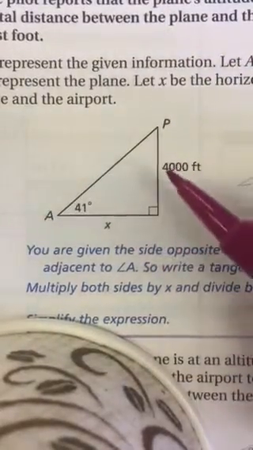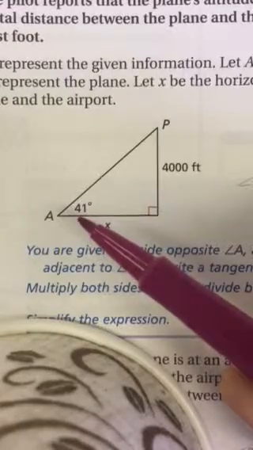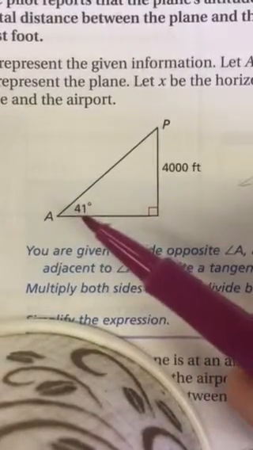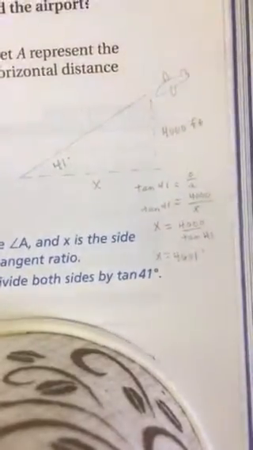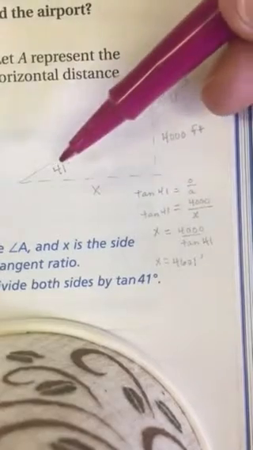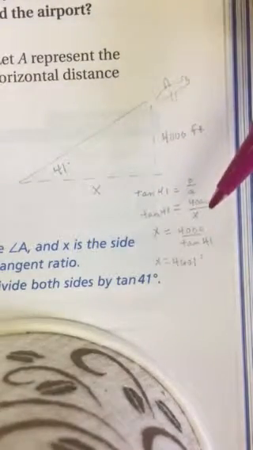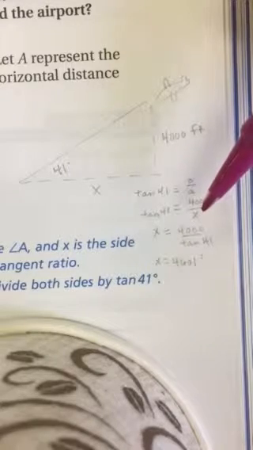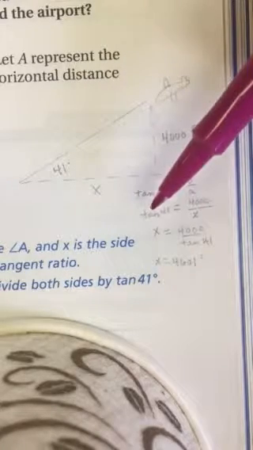Now we're simply going to use our trig functions to solve for this. We have opposite and we have adjacent, and the only acute angle we have to use is angle A, or the 41 degree angle. So we can say, and this is the work that I've done in the past, the tangent of 41 is equal to the opposite over the adjacent, or 4,000 over x. Now, we need to get x alone, so we've got to multiply both sides by x.